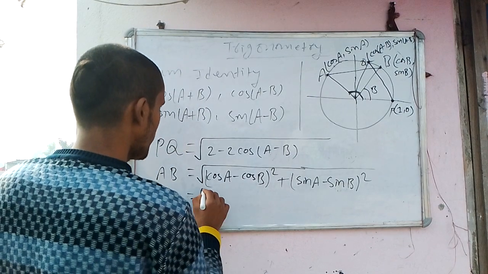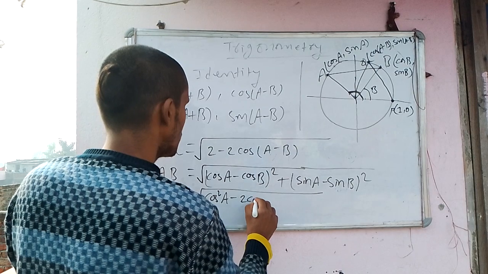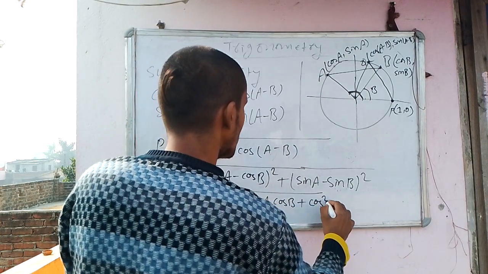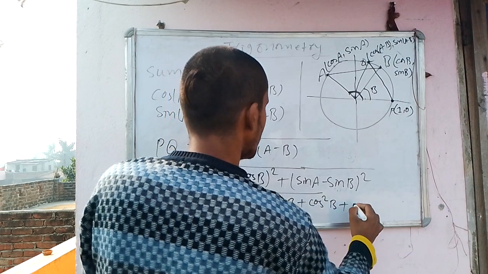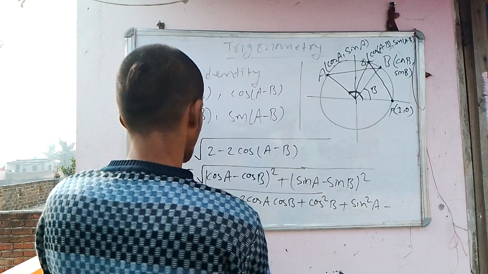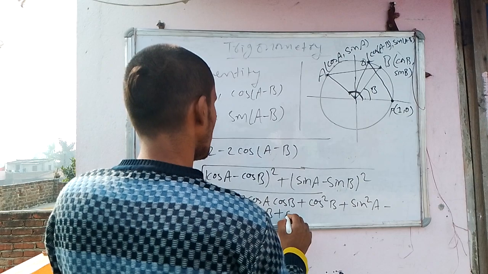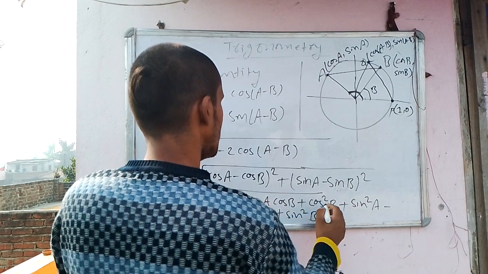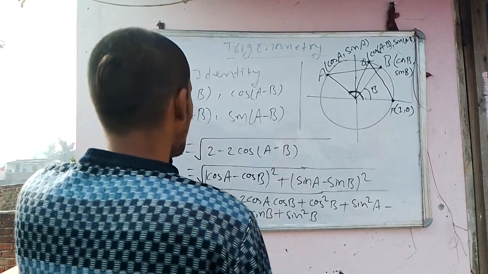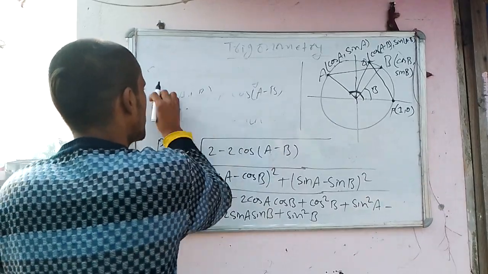And if you solve it, it is going to be cosine squared A minus 2 cosine A cosine B plus cosine squared B plus sine squared A minus 2 sine A sine B plus sine squared B. So this is all under the square root. I don't have space for calculating it, so let's do the calculation here.